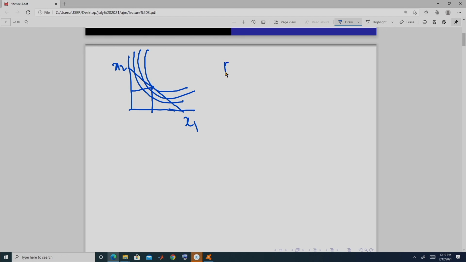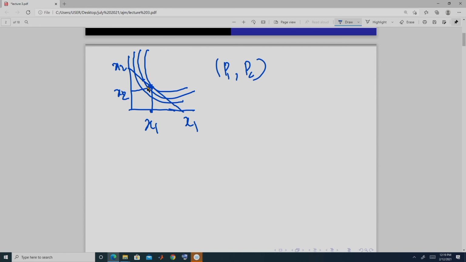At prices P1 and P2, we demand this much amount of good 1 and this much amount of good 2. So this is our optimal point. Why is this an optimal point? Because if we choose any point inside this set, the utility at this curve is higher. The point which is tangent to the budget curve gives me higher utility.